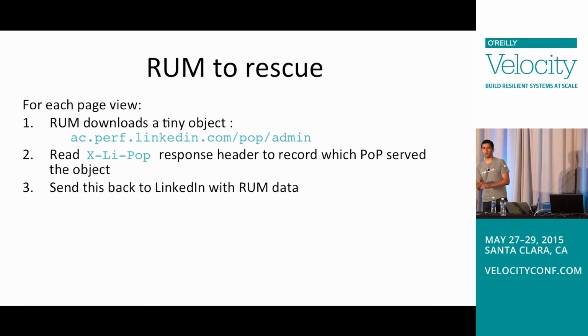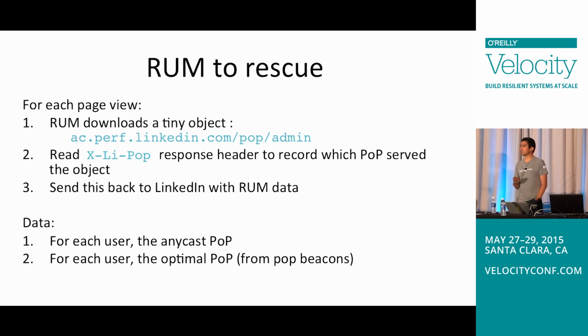We downloaded a tiny object and we read the header. For a given user, this domain will resolve to the POP which is closest in terms of number of hops for Anycast. That POP will fill up the XLI POP header with the right value, and RUM can read this back and send it back to your data center.